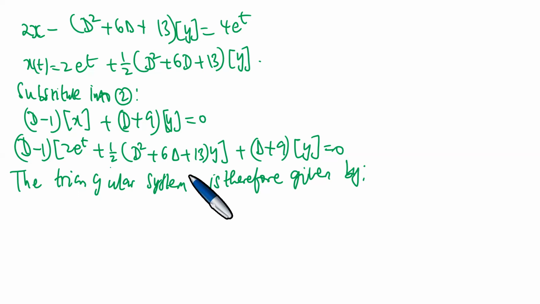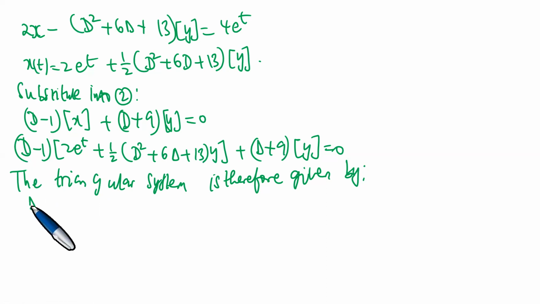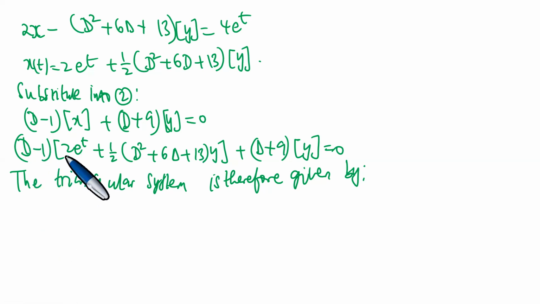Right, so let's analyze this very carefully. We need to write this equation properly. And how do we write it properly? The d minus 1 multiplies out, and the y is a common factor. So if the y is a common factor, this one is going to come and operate on this one. If this comes and operates on that, what do we then get? Here we get 2e to the t. This does not change.